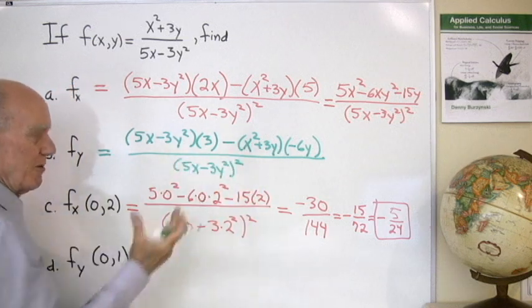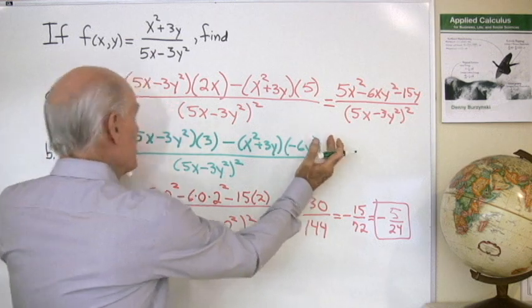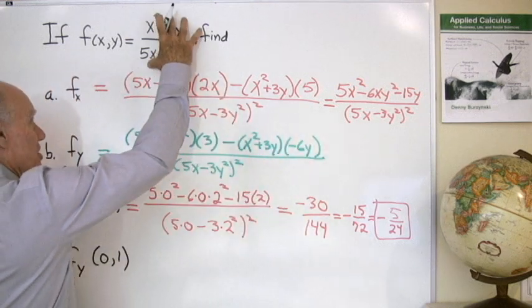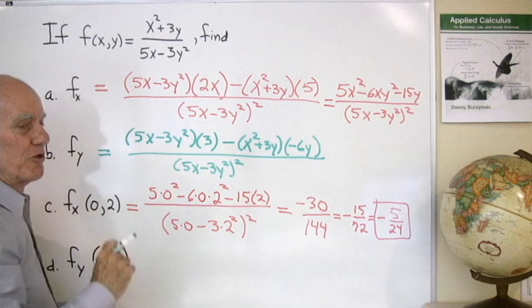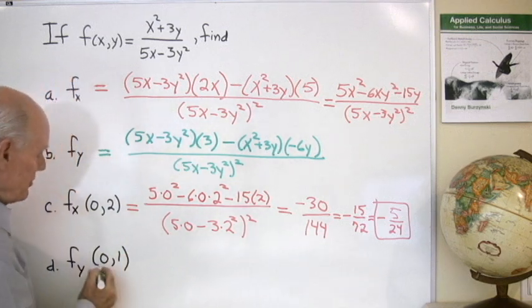I can go ahead and simplify that if I want. I'm not going to do it here, that's just algebra, but this is the quotient rule applied to this expression when finding the partial derivative of f with respect to y. Now let's evaluate this.